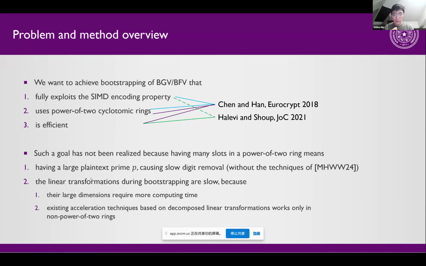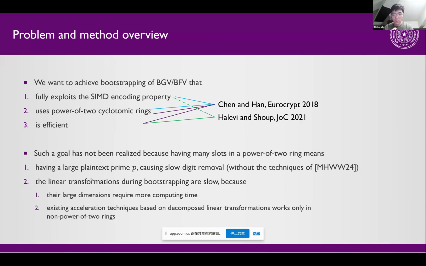And the bootstrapping used in HElib, designed by Halevi and Shoup in JoC 2021, is efficient and supports the encoding of many messages into a single ciphertext, but it has to use a non-power-of-2 cyclotomic ring for the special encoding it uses.